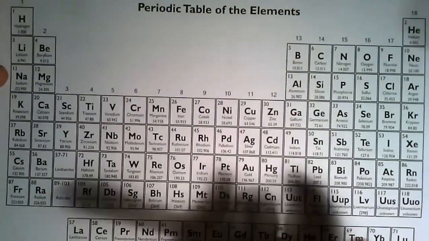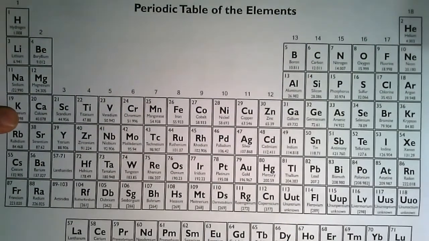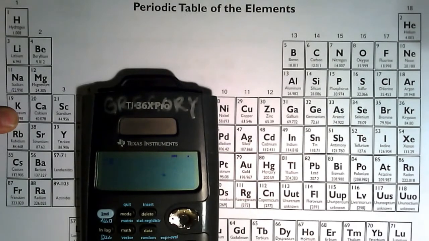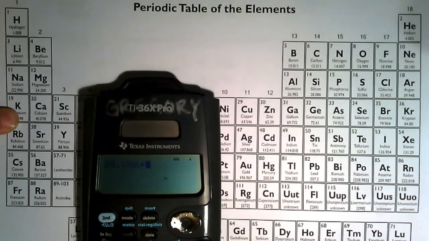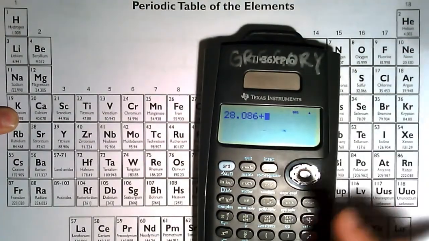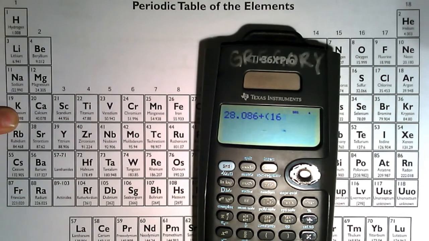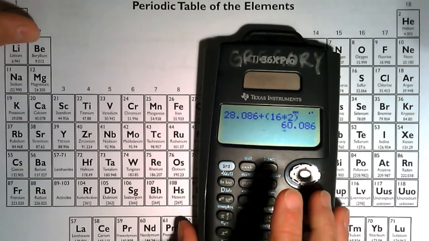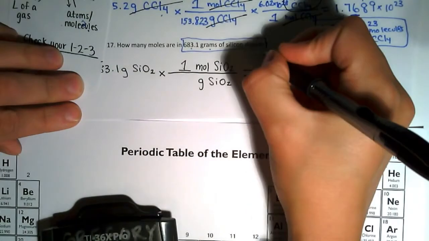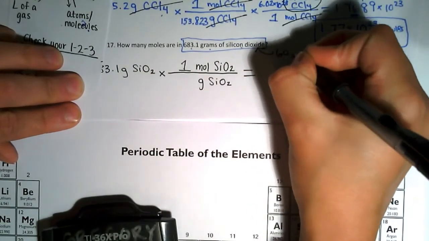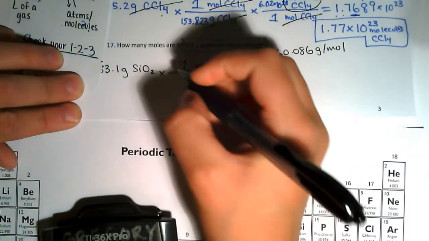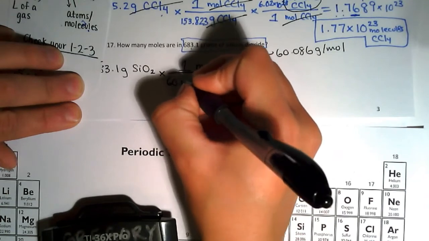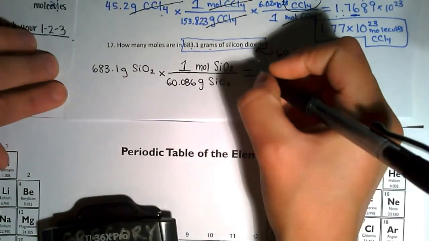So we need silicon is 28.086 plus 2 oxygens, so 16 times 2. That gives us 60.086. So silicon dioxide is 60.086 grams per mole. I'll put that down here, 60.086 grams per 1 mole.